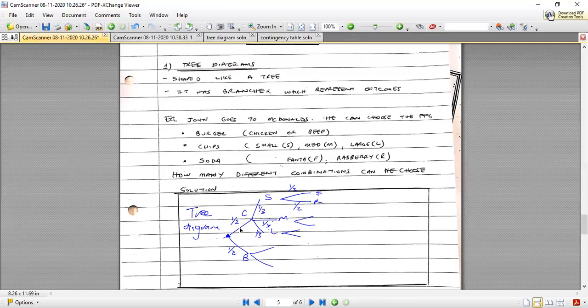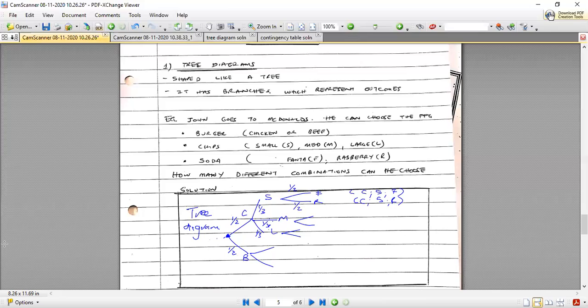Now, if we look at the outcome, which they ask us, how many different combinations can he choose? In the first one, he could have a chicken burger, comma, a small chips, and a Fanta. That's just one. Or he could have a chicken burger with a small chips and a raspberry.